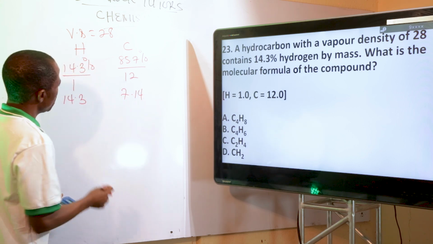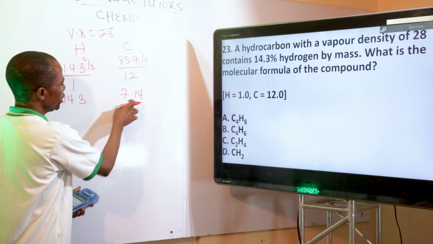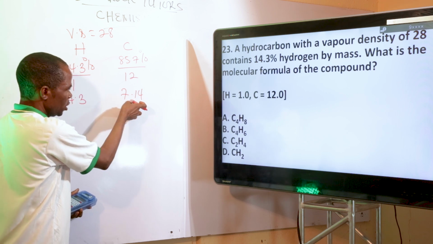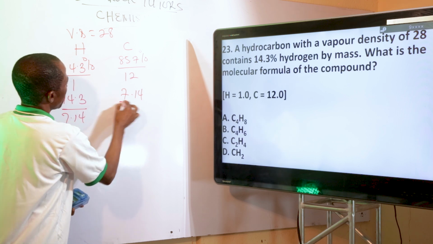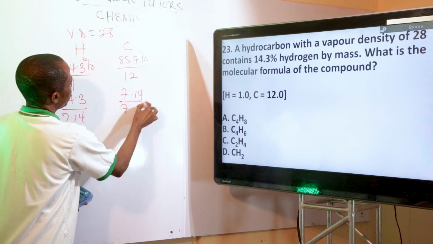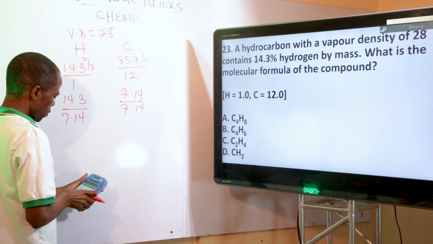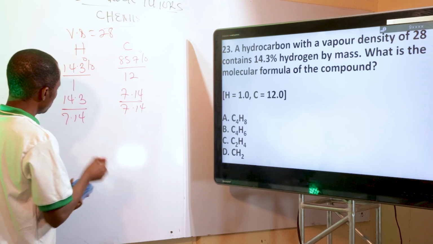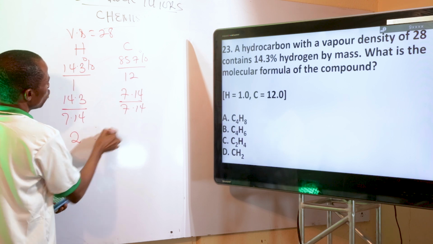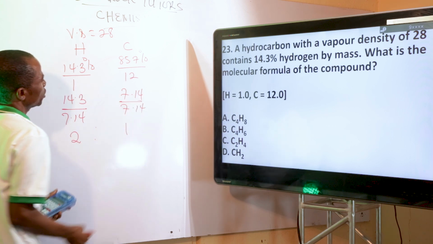And then the next thing is, we are going to divide the two of them by the lower of the two. So we divide this one by 7.14, and we divide this one by 7.14. So 14.3 divided by 7.14 gives us 2. And this one obviously gives us 1.